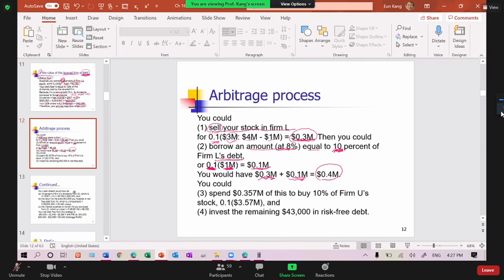Then you could spend 0.357 million to buy 10% of the unlevered stock.